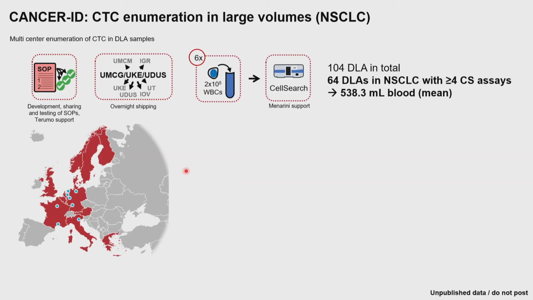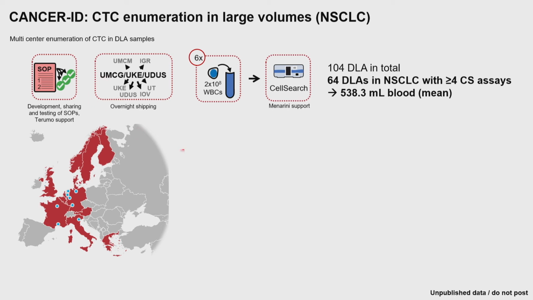And so far, we also don't know whether the extrapolations we do on our measured CTC counts are really true. So that was a question we addressed in the Cancer ID Consortium, where we analyzed at least up to 30% of the DLA product in lung cancer.